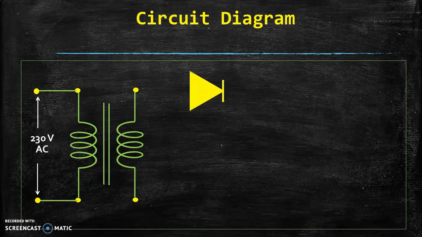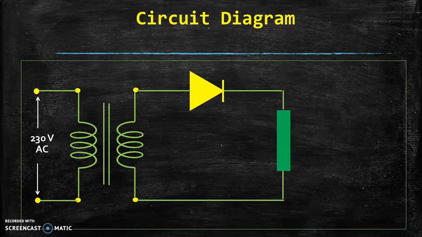On the secondary side, we connect one diode, and after the diode, a load is connected. We have diode D, anode and cathode of the diode, and in series with the diode, load resistance is connected, and we have positive and negative terminal across the load resistance. So this is the circuit diagram for the half wave rectifier. We have used only one diode.